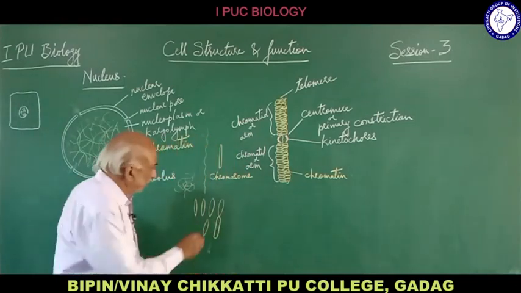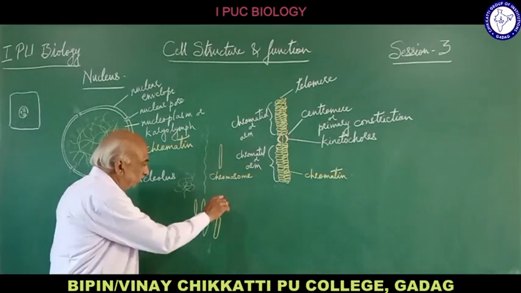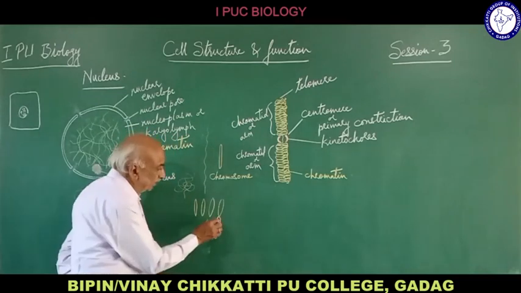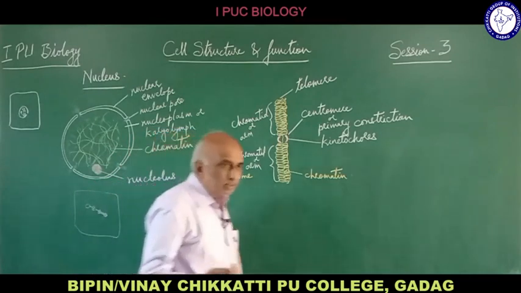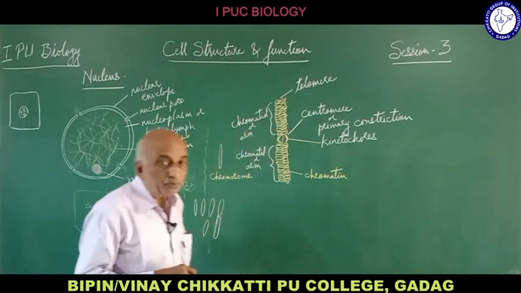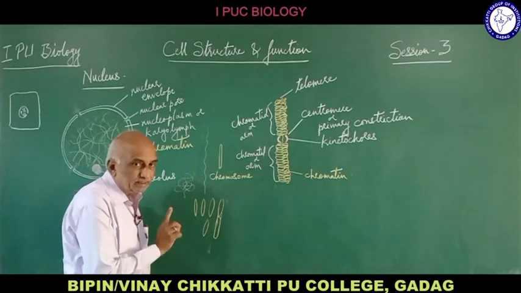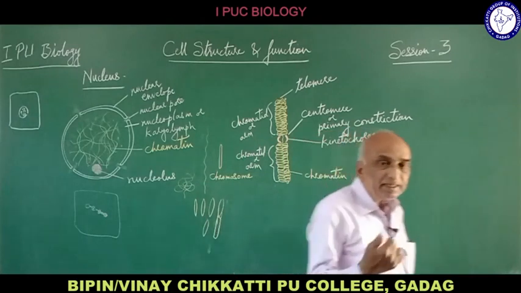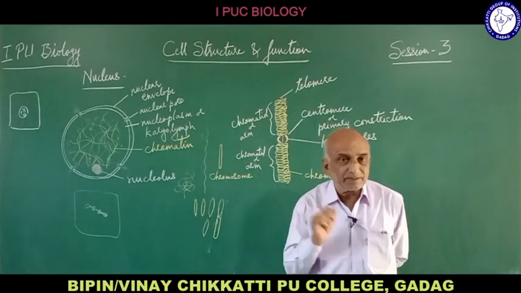Now suppose this chromosome and this chromosome get attached, then this will be considered as a single chromosome. So when these two chromosomes attach, it will be considered as a single chromosome, though the chromosome may be very long because of the attachment of two chromosomes, but it functions as a single chromosome. So when two chromosomes get attached, the number will decrease. In a human being, if you take an example, there are 46 chromosomes.